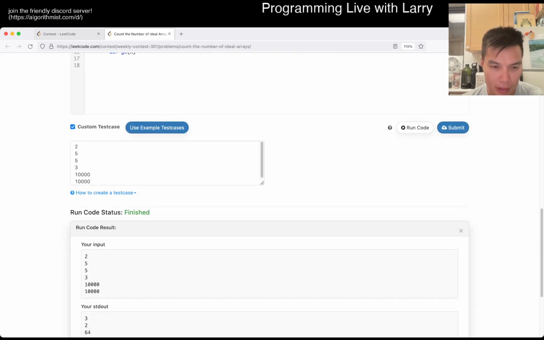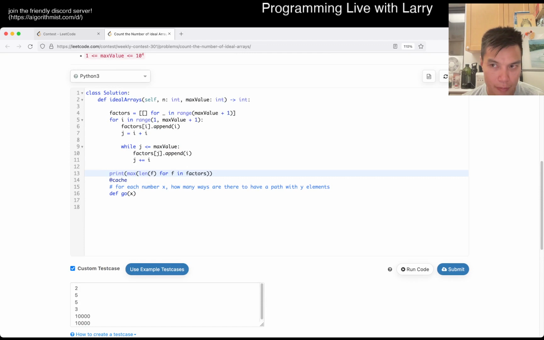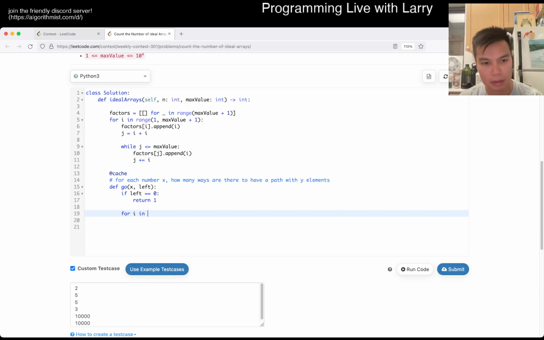As we said, the number is going to be 64. But yeah, okay, let's see. Right, so if left is equal to 0, we return 1, and then otherwise we go for x in factors of x.